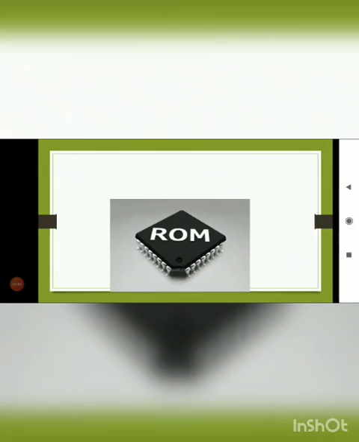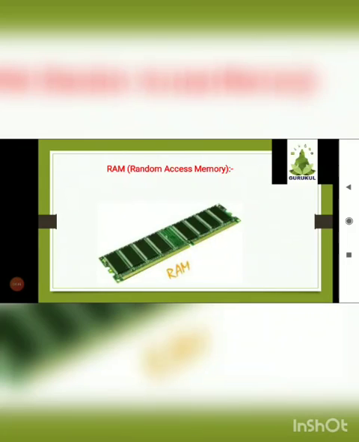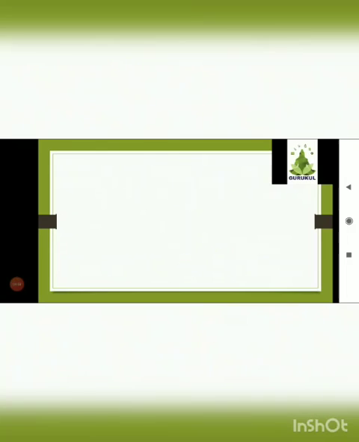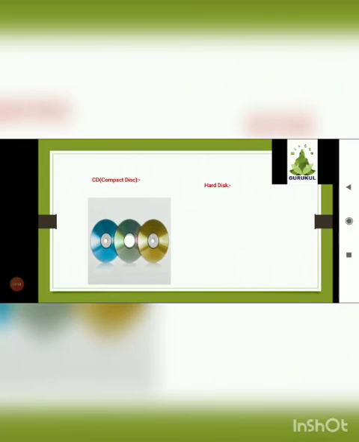The diagram of the ROM, read only memory, and RAM, random access memory, is given here. Compact disk, hard disk, pen drive, DVD: these are examples of secondary memory.